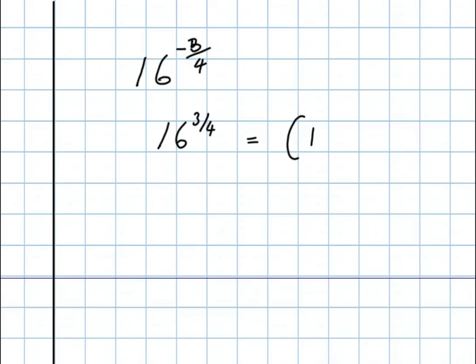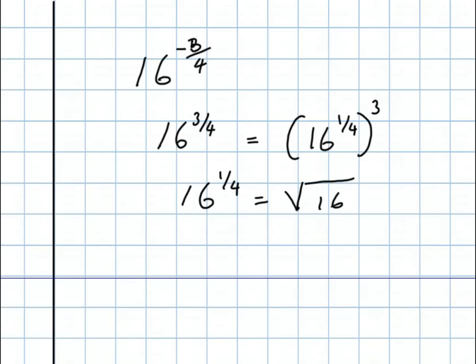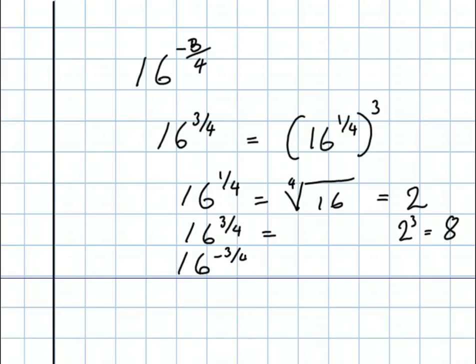That is 16 to the power a quarter, all cubed. Now 16 to the power a quarter is the fourth root of 16. What number raised to the power 4 gives us 16? The answer is 2. So 16 to the power 3/4 equals 2 cubed equal to 8. So 16 to the minus 3/4 equals 1/8.